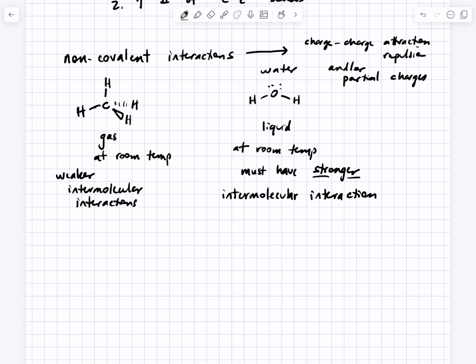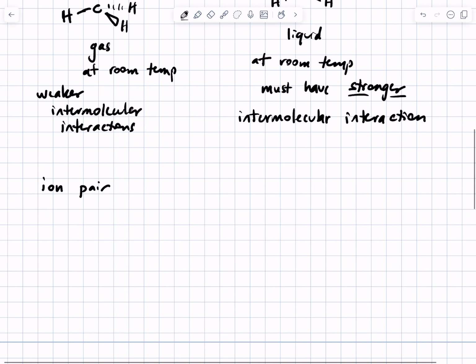The classic example of a charge-charge interaction is what I would call an ion pair. So one example of this is the attraction between positively charged sodium and negatively charged chloride in table salt. That's what's holding the table salt together.